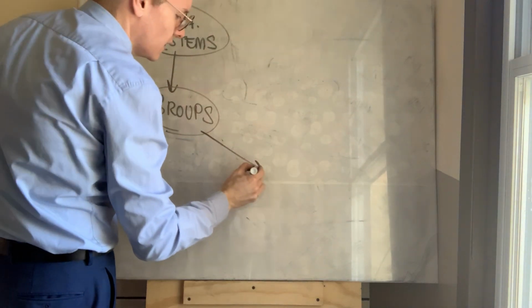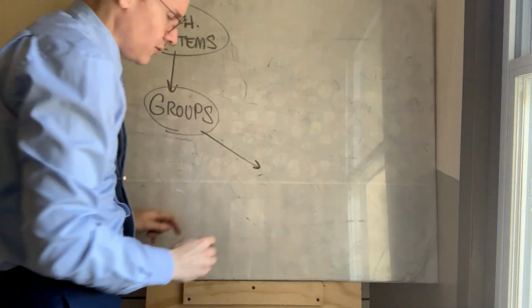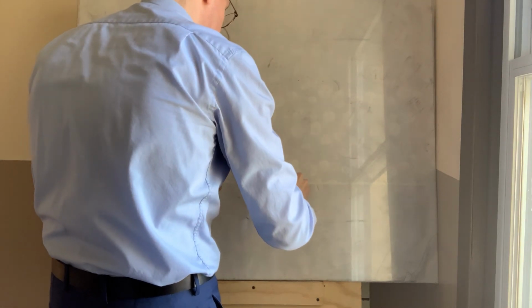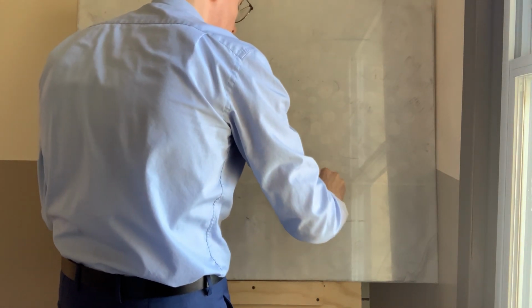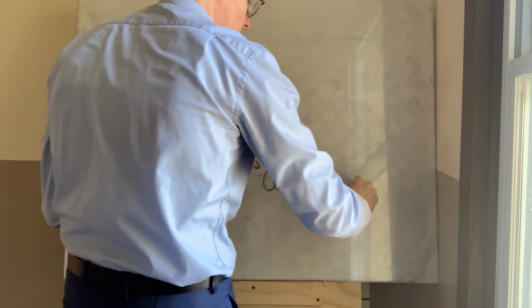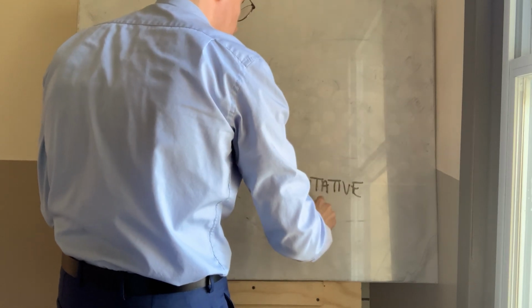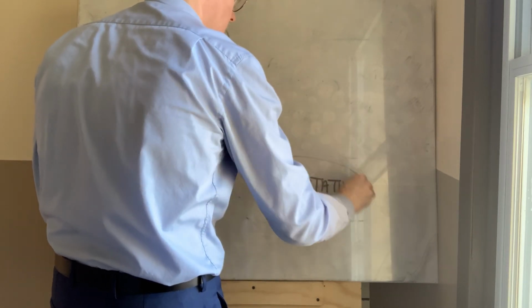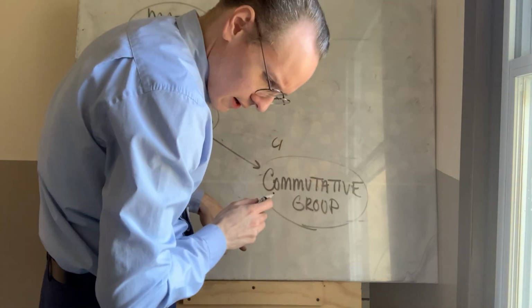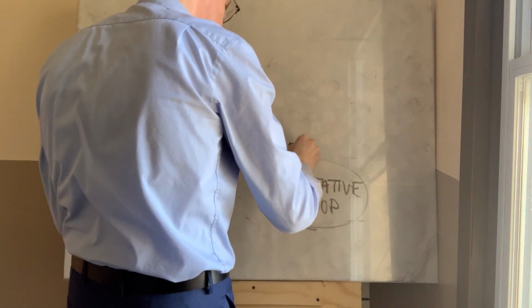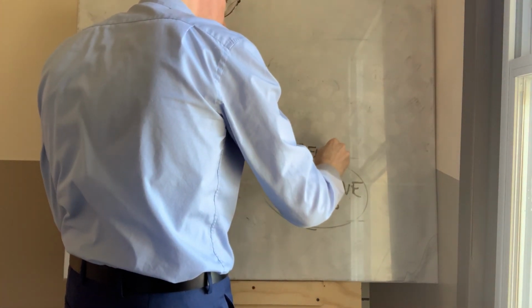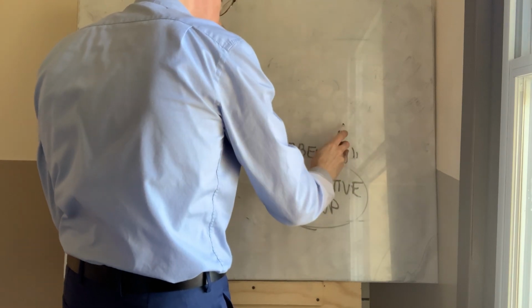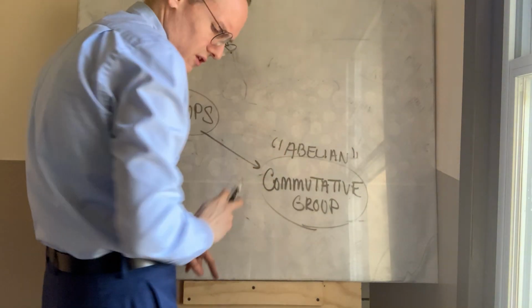Then there's an extra step. If you have a commutative group, it has another name as well: Abelian. It's named after a mathematician, Niels Abel.